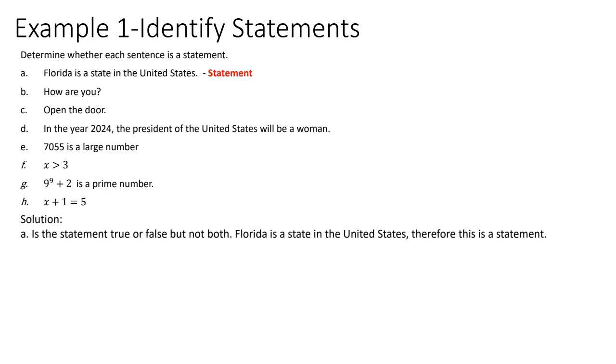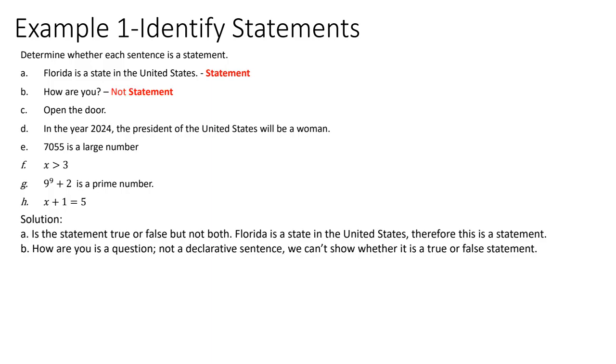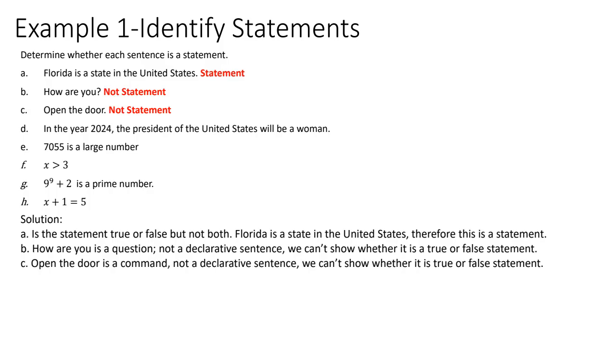The next one, which is B, the sentence is, how are you? Well, we know this is a question, so this is not a statement. Mathematics statements are only those that are declarative, where you can give a true or false value. So all other sentences are not considered statements.